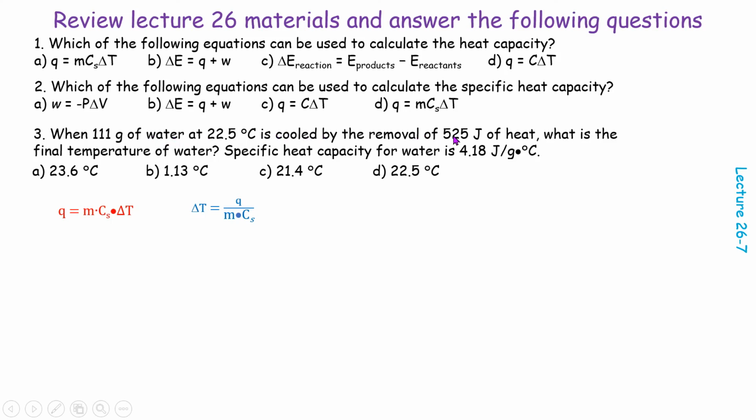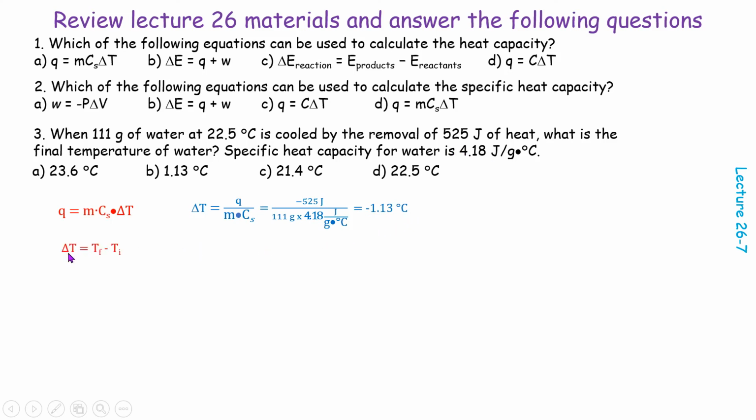If it's removed, which means giving off heat, that should be a negative sign. So therefore, that's negative 525 joules. The mass, 111 grams, and the specific heat capacity, 4.18. That should give us negative 1.13 degrees Celsius.